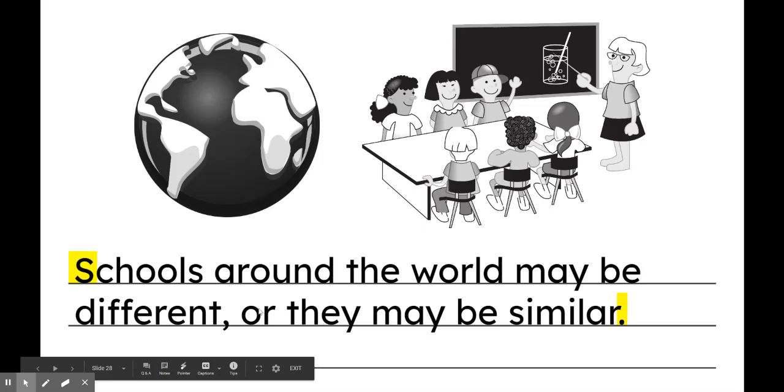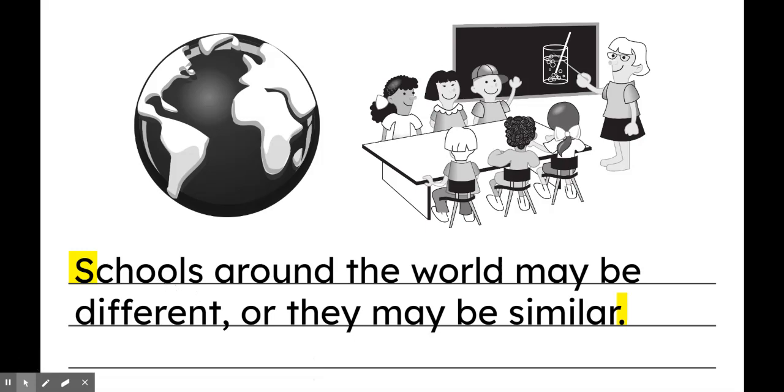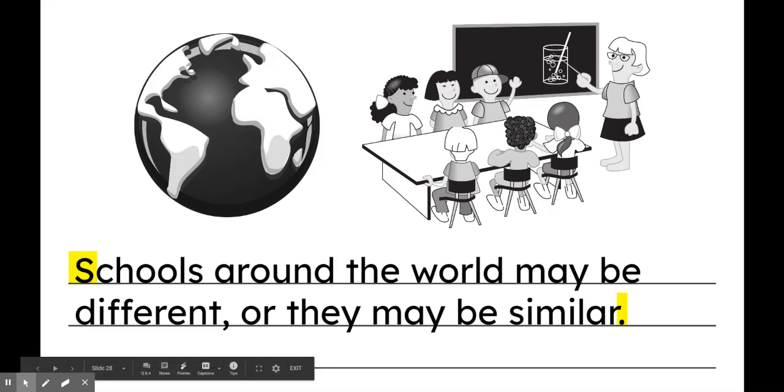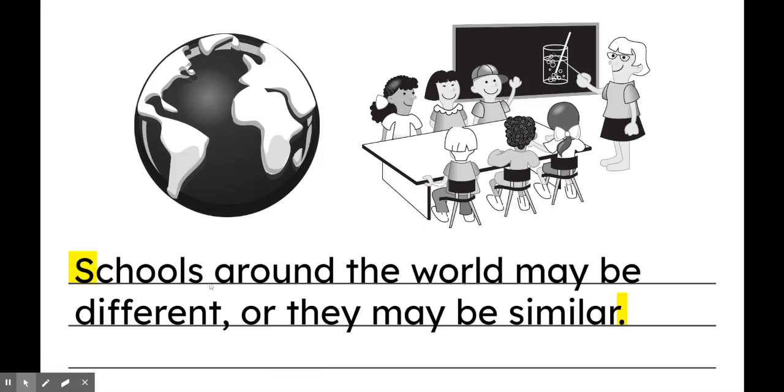When we're writing, we also need to make sure that they are 5-star sentences. So, for a 5-star sentence, we need to have the capital letter, punctuation. When we're writing, we have finger spaces, or when we're typing, we're spacing the words out. We need to make sure that it is neat if we're handwriting it. And most of all, we need to make sure that it makes sense.